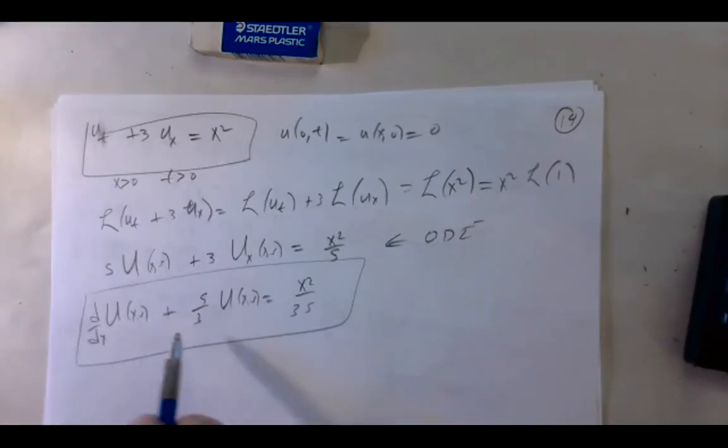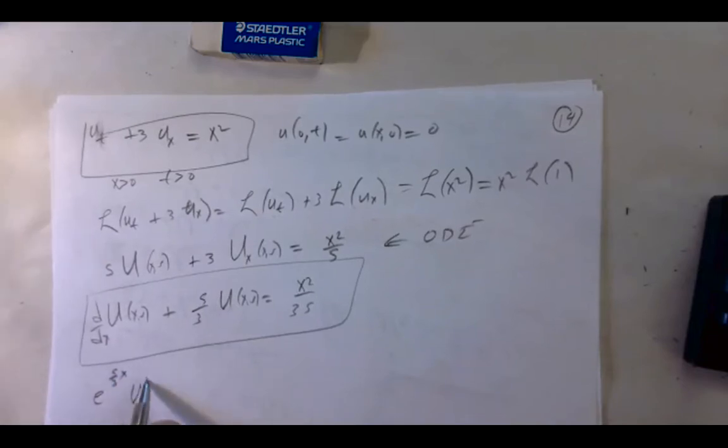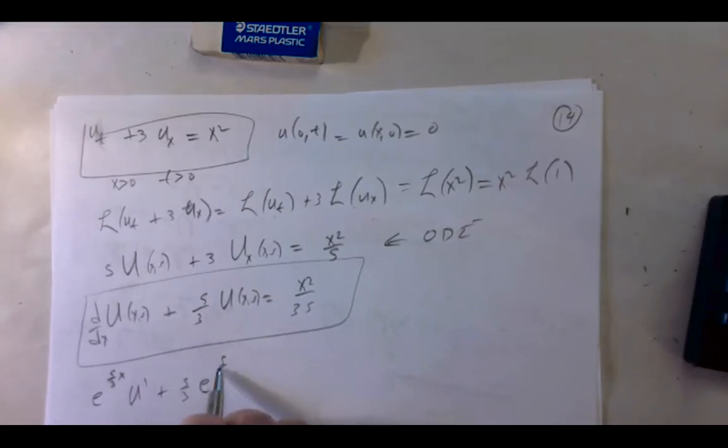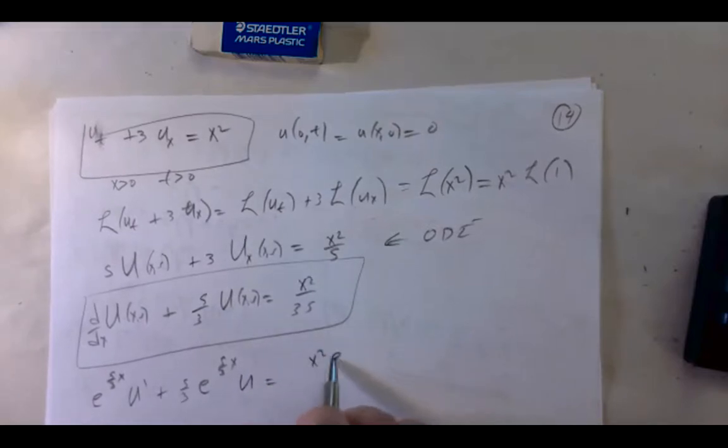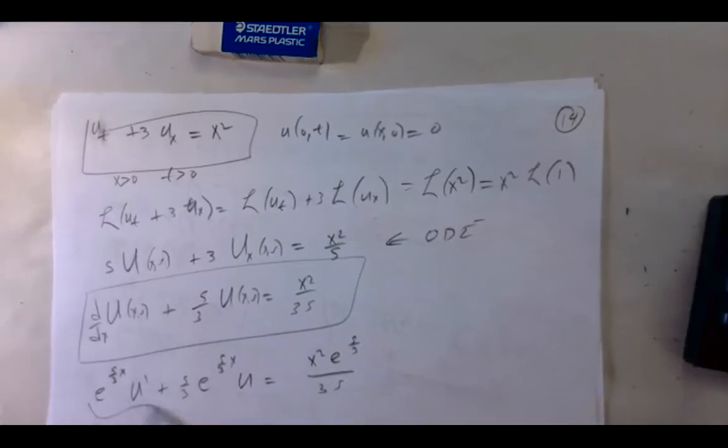If we multiply by e to the s over 3 x, we get e to the s over 3 x u prime plus s over 3 e to the s over 3 x u equals x squared e to the s over 3 x over 3s.